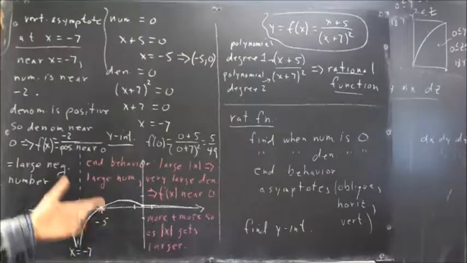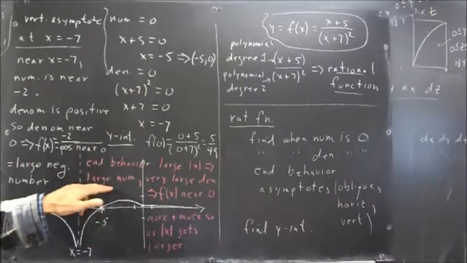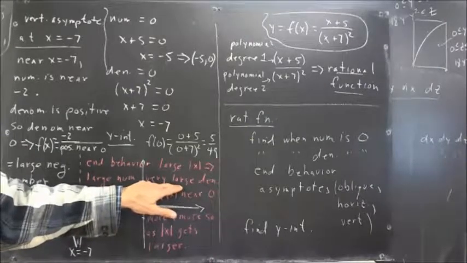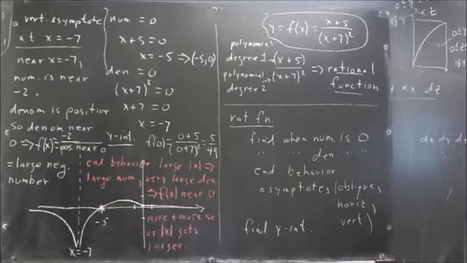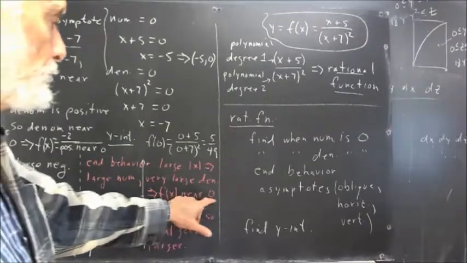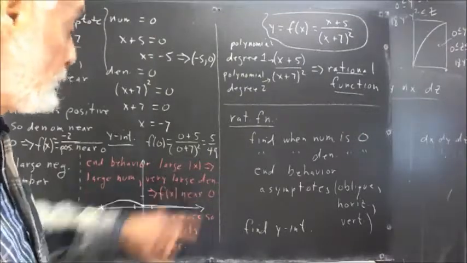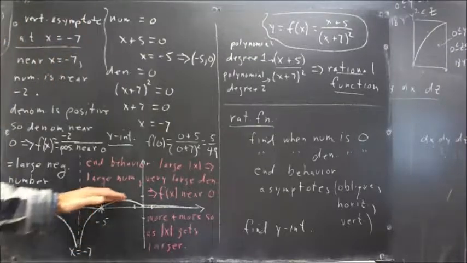And in that case, you have a large numerator, x. If x is larger, the magnitude of your numerator is large. But your denominator, being the square of a large number, is very, very much larger, which means that f of x is going to be near 0. And it's going to be more and more near 0 as the magnitude of x gets larger. And that's consistent with what this graph does.